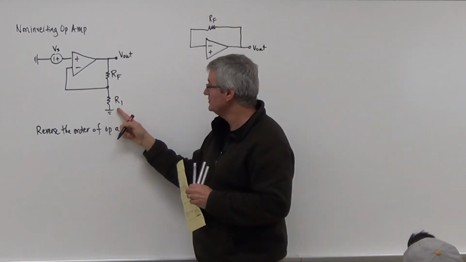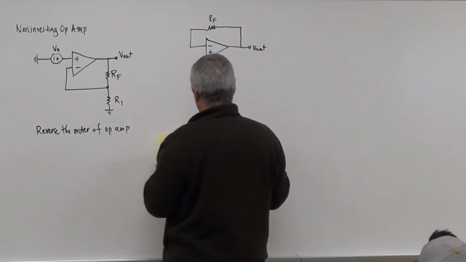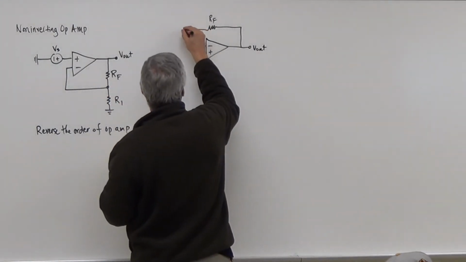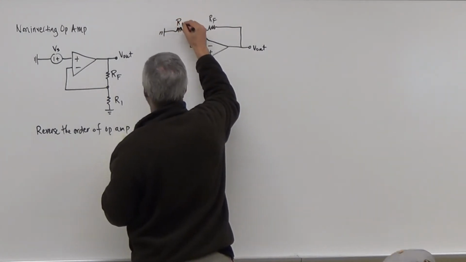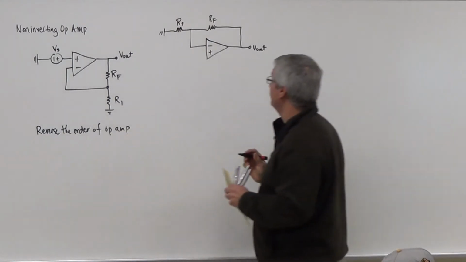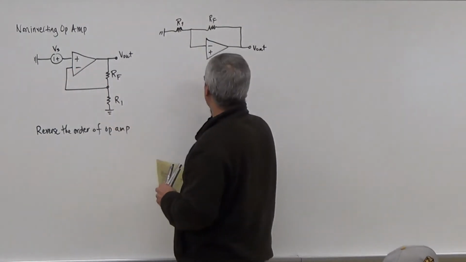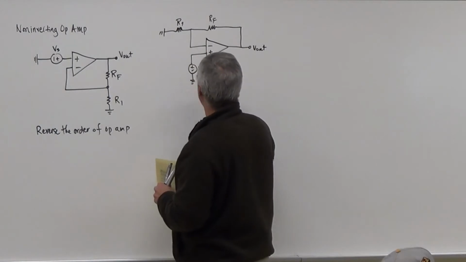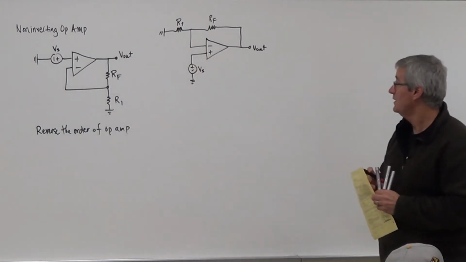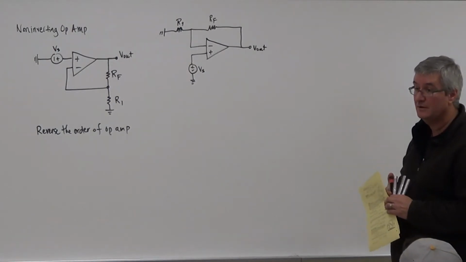This resistor is connected between these two resistors, so it has to come out here. And this one, let's call R1. Then you can see that this positive is attached right here. Now I can make this a prettier circuit if you want, but we don't have to.